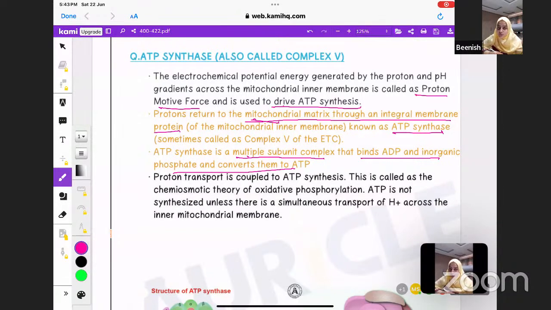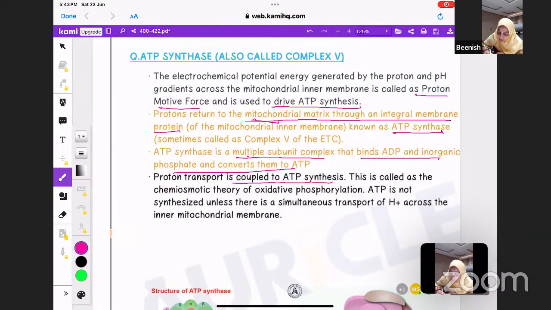Since there is a higher concentration of protons in the intermembrane space as compared to the matrix, the protons have a tendency to move back into the matrix. When they return, ATP synthase acts as a proton channel, and this in turn synthesizes ATP. How that takes place, we'll discuss when we talk about the structure.